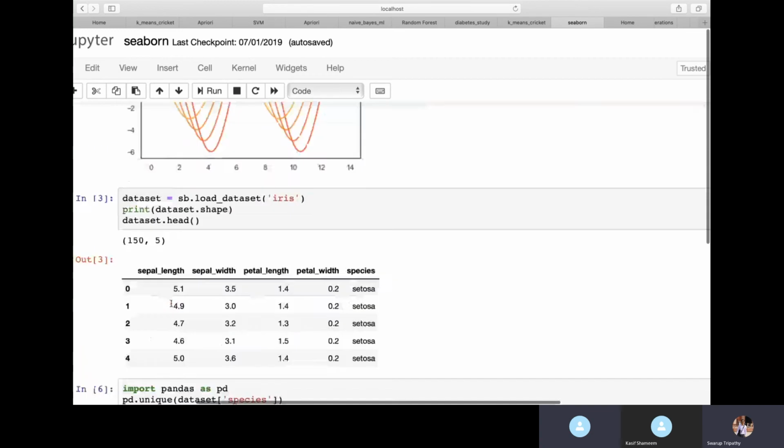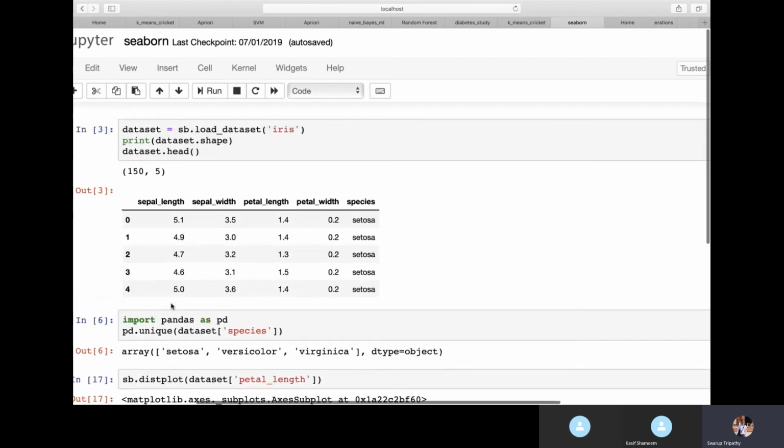So first you read the data, that is, read this Iris data, and we'll try to analyze this data using different types of plots.